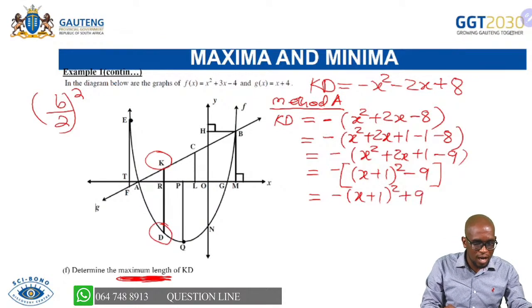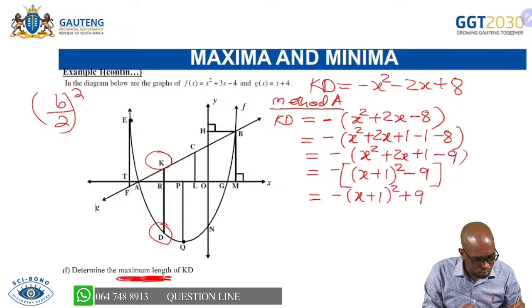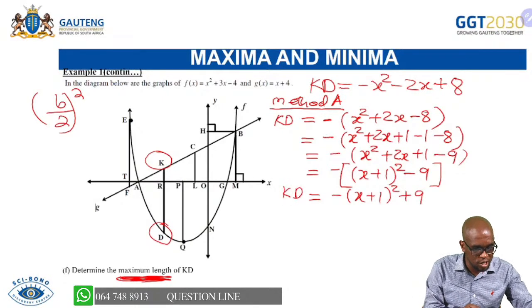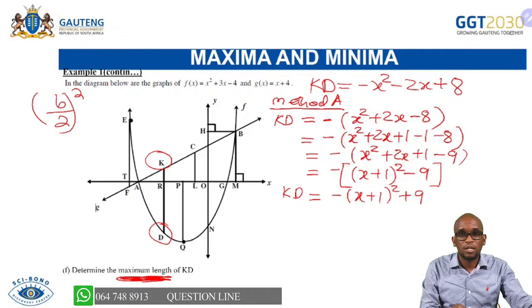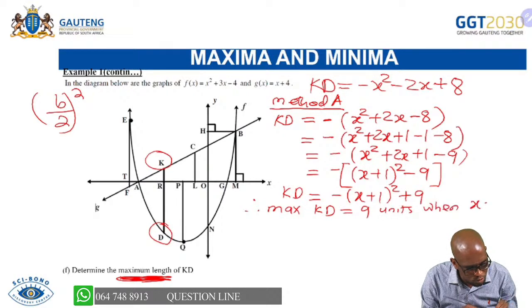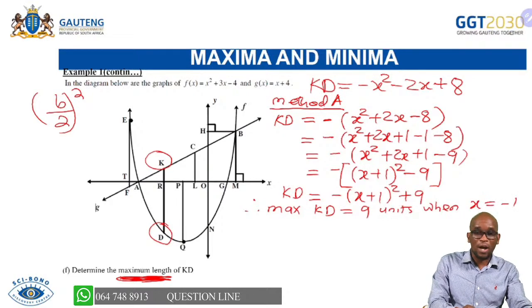So you've completed the square to write this equation in terms of the turning point. So now we can conclude that the maximum value, max KD, would be equal to 9 units when x is equal to minus 1.